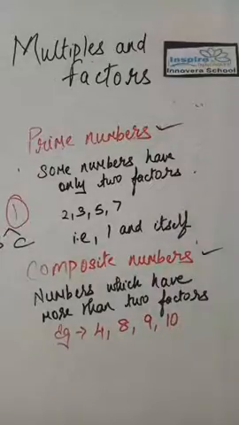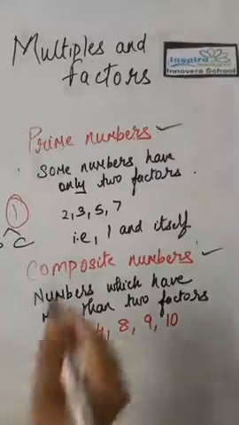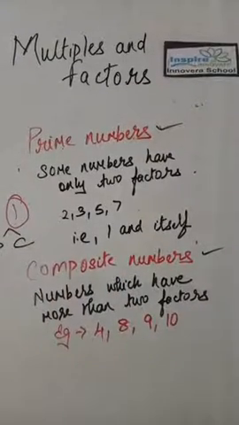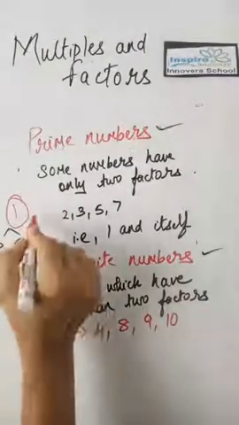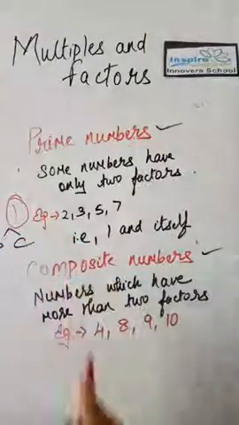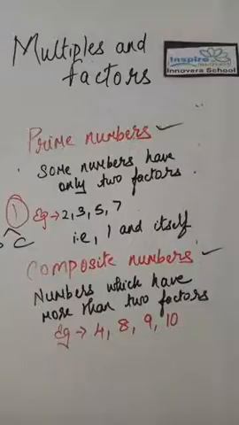And which is the smallest prime number from this? Now find out the smallest prime number from the example which I have written, 2, 3, 5, 7. Which is the smallest prime number?